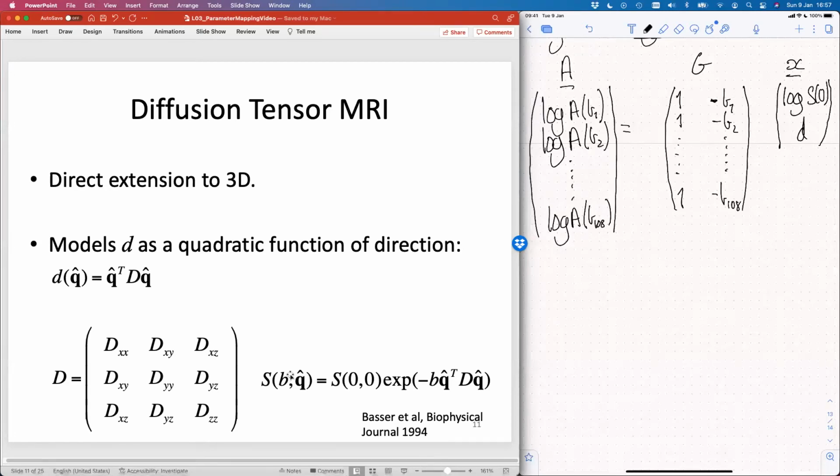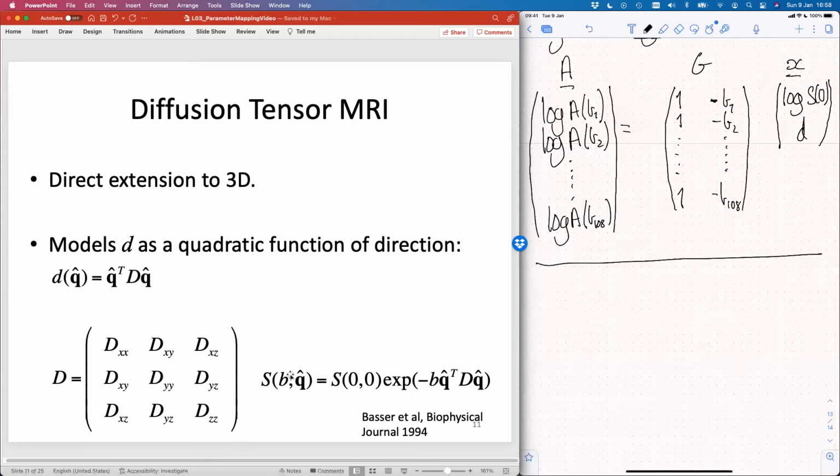So let's have a think about this model then, and how we might go about estimating it. We can linearize this model in much the same way as we did with the single scalar diffusivity. First of all, let us take logs of both sides of that equation.